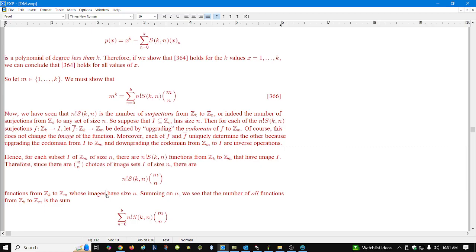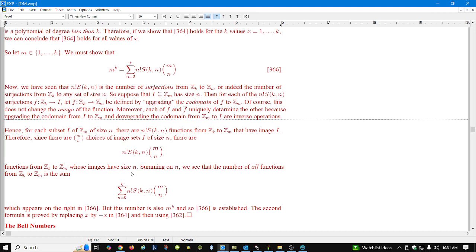I don't know what those images are. They're the letter I, ranging over all subsets of size n. Okay. Finally, if we sum on n, the size of the image of the functions, we get this sum.